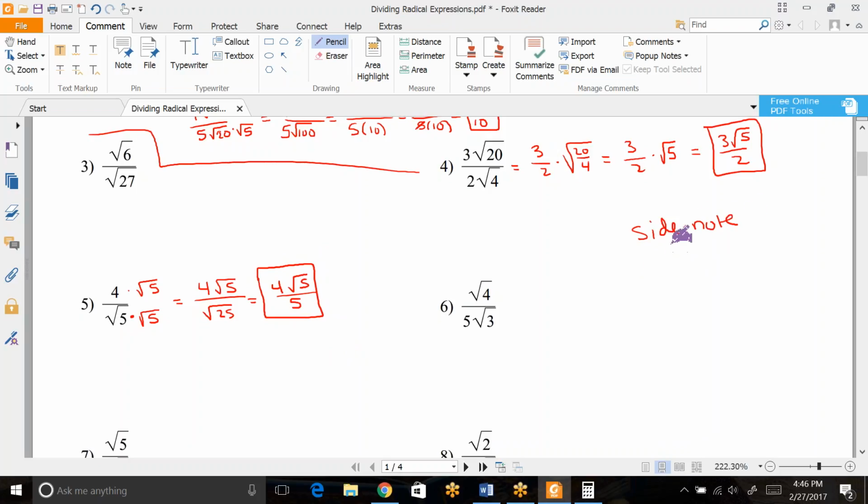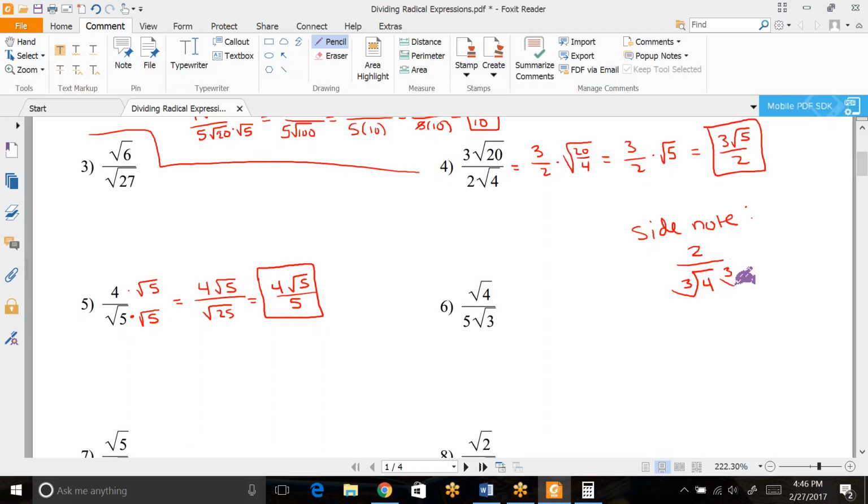So notice that if it's a cubed root, so things like 2 over the cubed root of, let's say, 4, that is not a perfect cube. 4 is not a perfect cube. And if you multiply it by cubed root of 4, that doesn't guarantee it's going to be a perfect cube, because 4 times 4 is 16, and that is not a perfect cube.